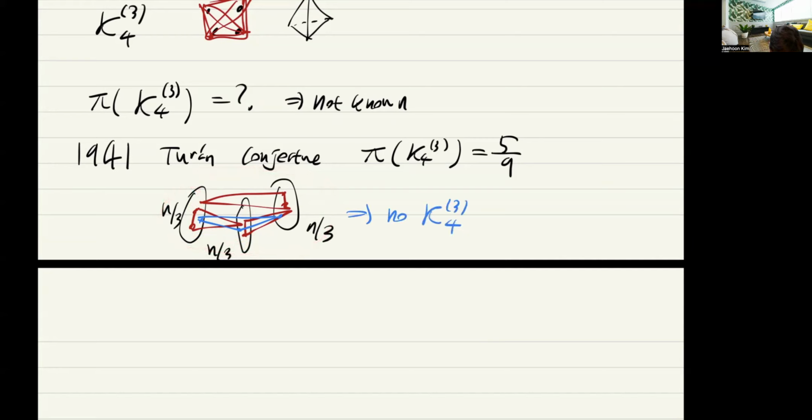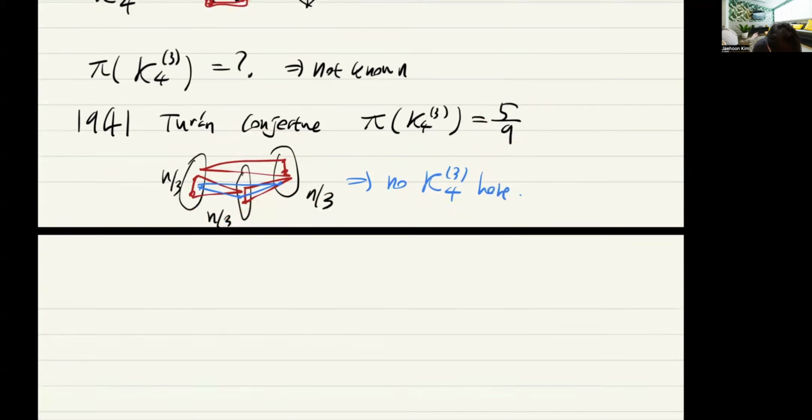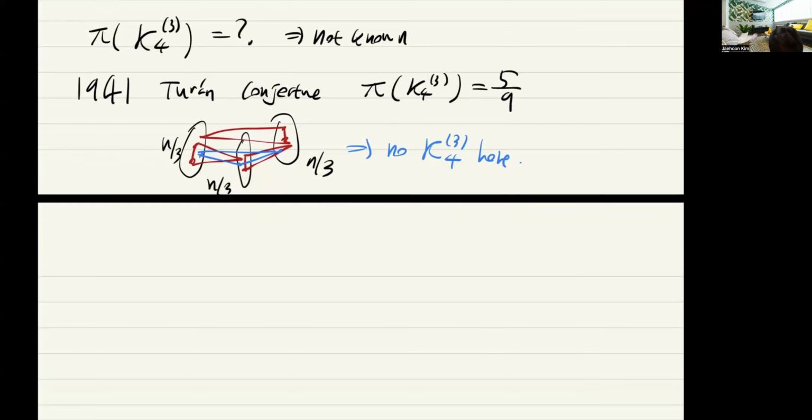In that case, this contains no tetrahedron. Because if you choose 4 vertices, there must be one part which contains 2. Then this edge is there, but the other edge is not there. So it lacks an edge, so it doesn't contain a tetrahedron. And if you compute, this gives you a lower bound. On the other hand, the upper bound is not known. The best known upper bound uses something called flag algebra.